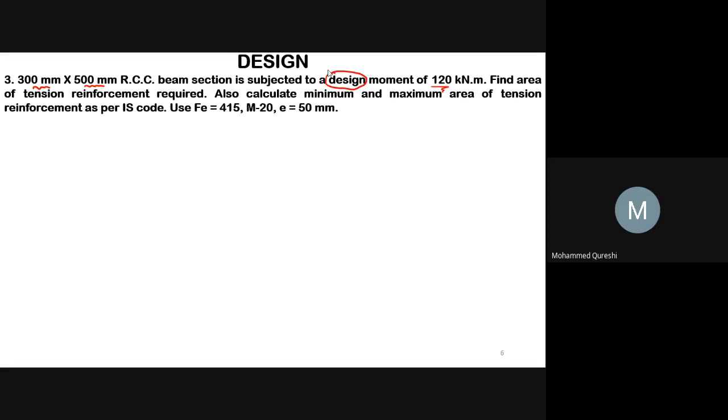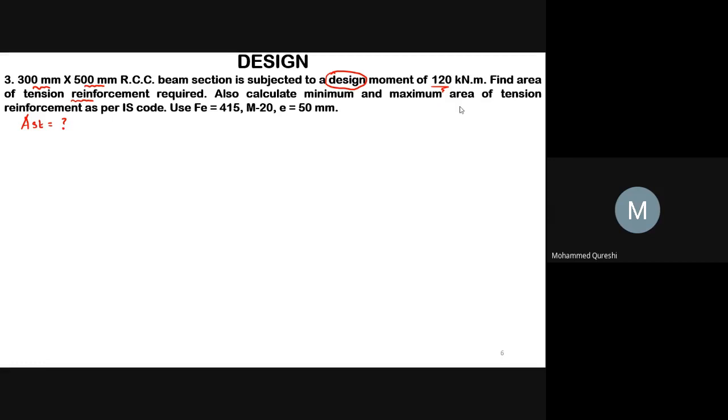Find the area of tension reinforcement required, means we have to find the value of AST, area of tension reinforcement. Also calculate the minimum and maximum area of tension reinforcement.